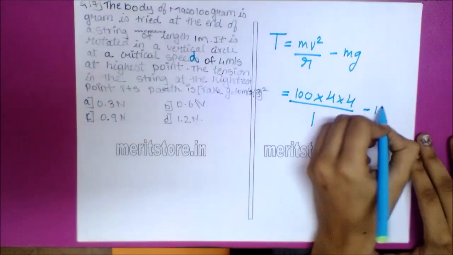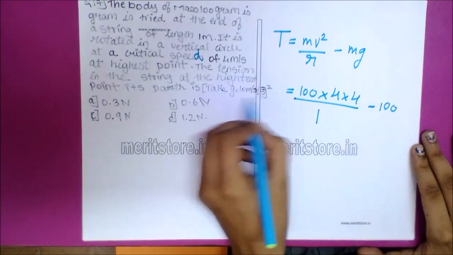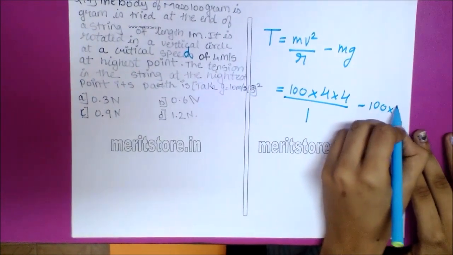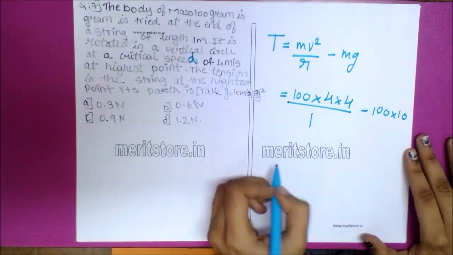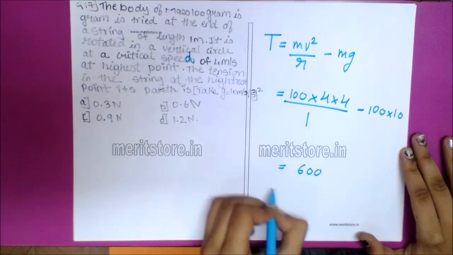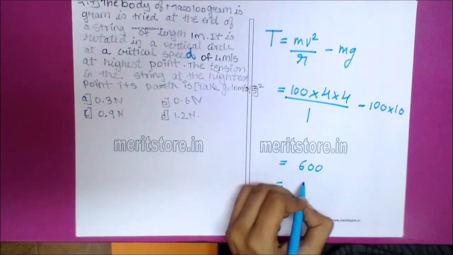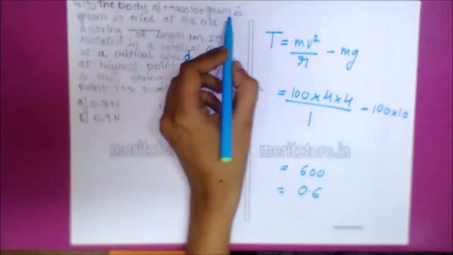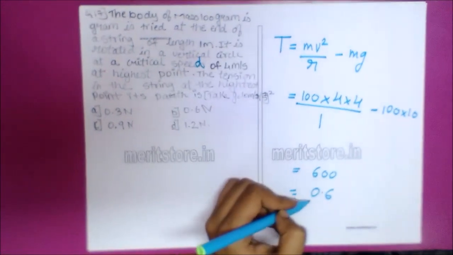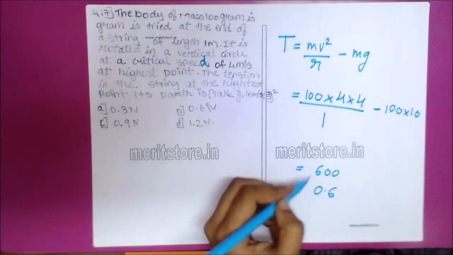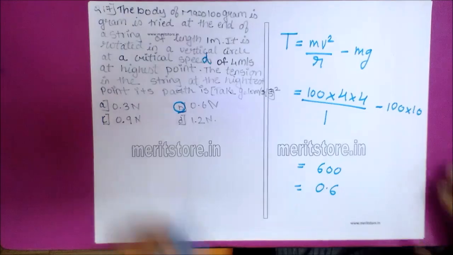Again over here mass we will take 100 grams and g we have to take as 10. So after we solve this, we get 600, that is 0.6, because this is in grams, so we later convert it into kilogram and then we get the answer 0.6. Option B is the correct option.